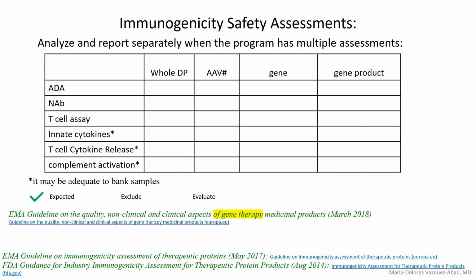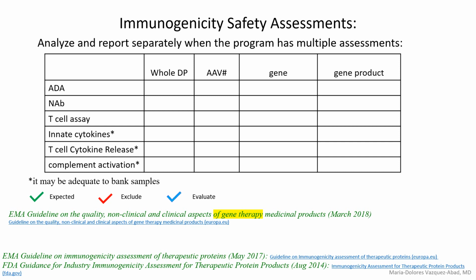Then what I did was to say a green checkpoint is for expected, which is listed more clearly in the guideline. In the red is the ones that the guideline says exclude these patients from treatment if they have this particular assay that's positive.